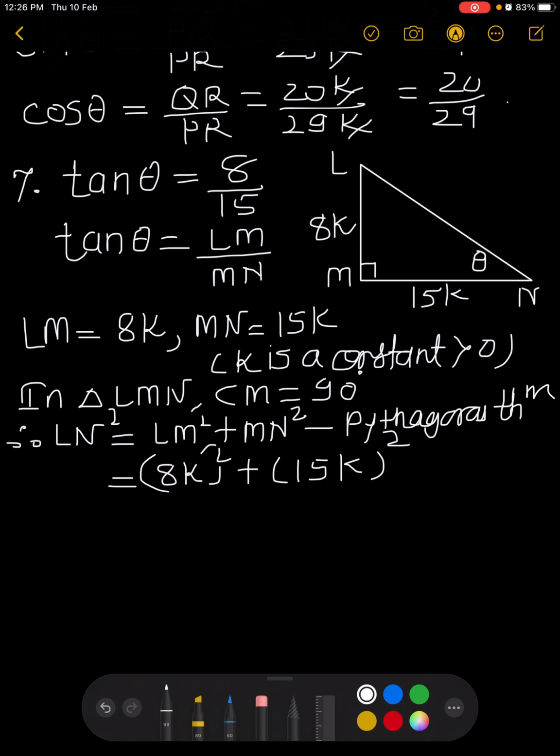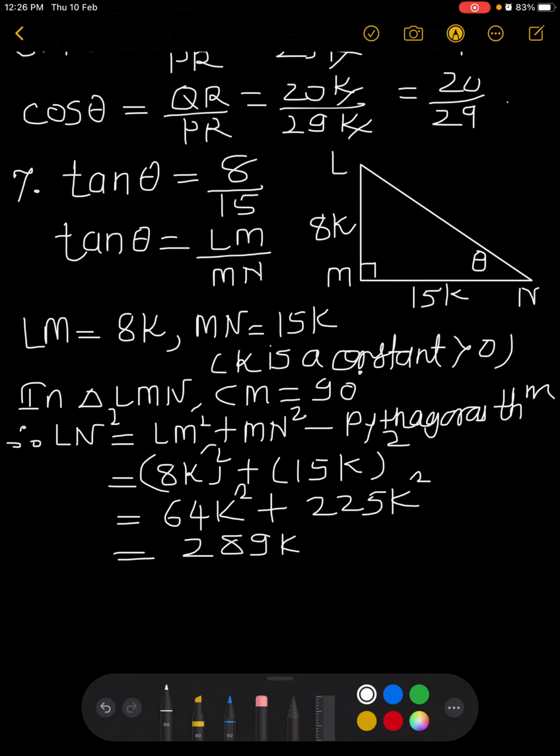Further we write the square of 8, 64k squared, and 15 squared, 225k squared. The total of the two is 289k squared. And further, let us get the square root. It will give us 17k.